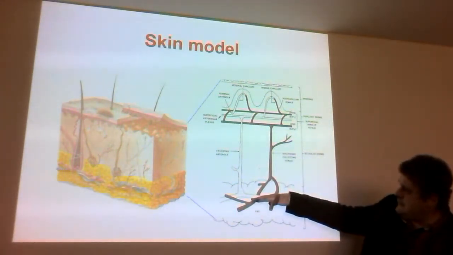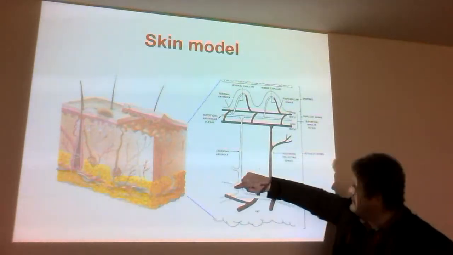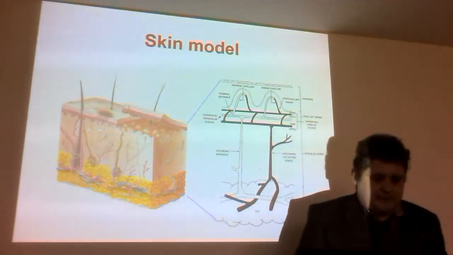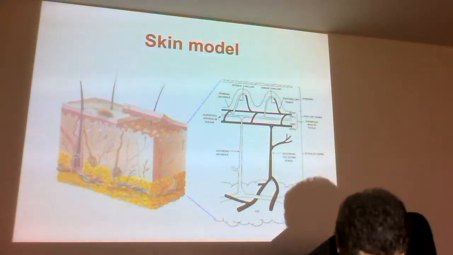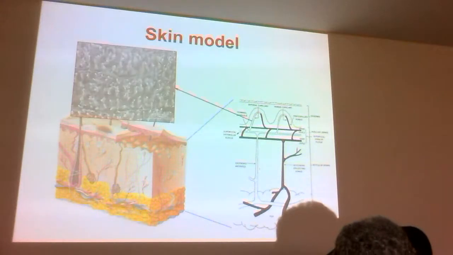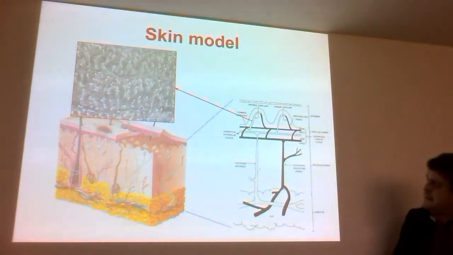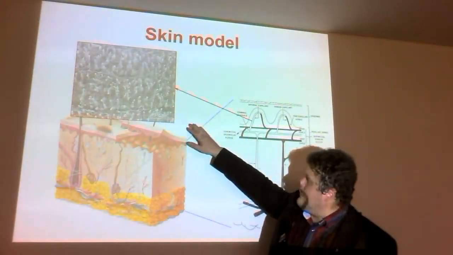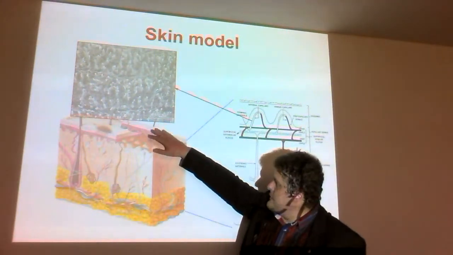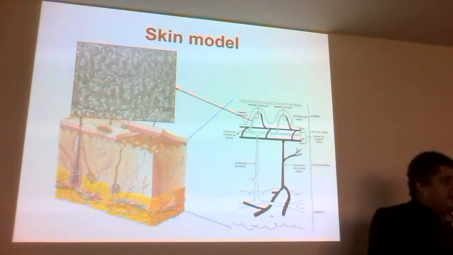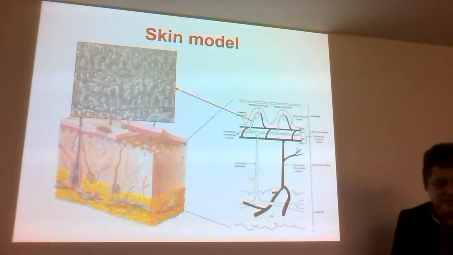Then we have the deep blood net plexus, which is here, and then the distribution of some vessels within the dermis. Based on this distribution, with actual information from the medical literature, we're able to understand how the blood is distributed through the tissue.